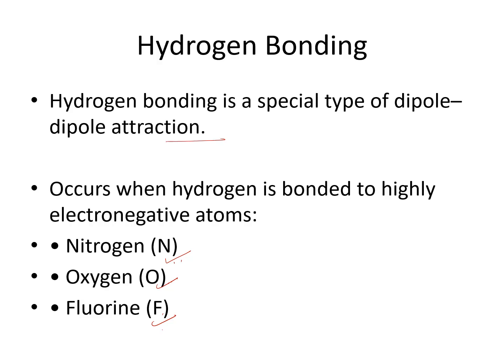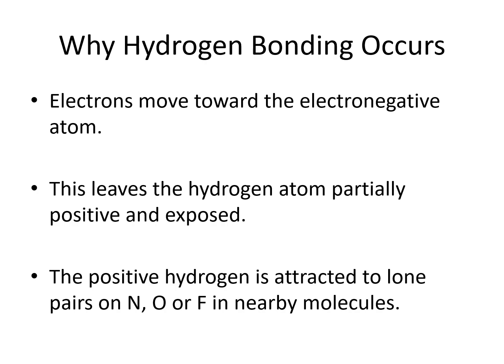These atoms attract the electron with a greater power than in the dipole-dipole case. Because of that higher attraction, this is going to be the strongest of all three types of intermolecular bonding. Okay, so why does hydrogen bonding occur?